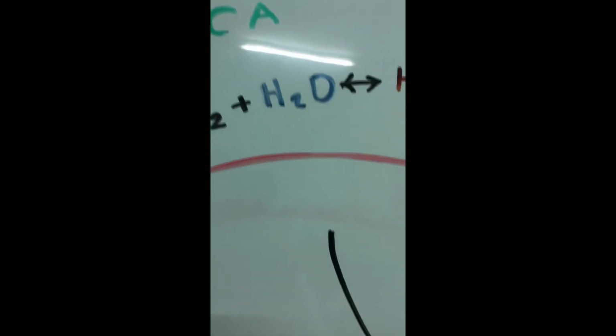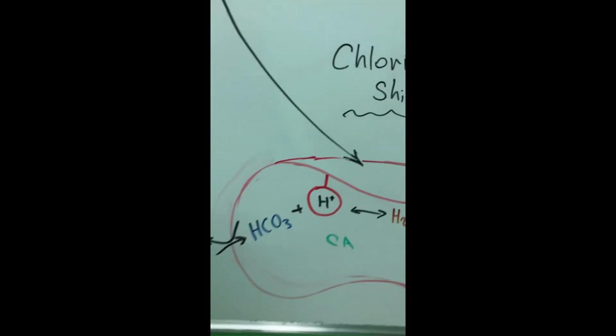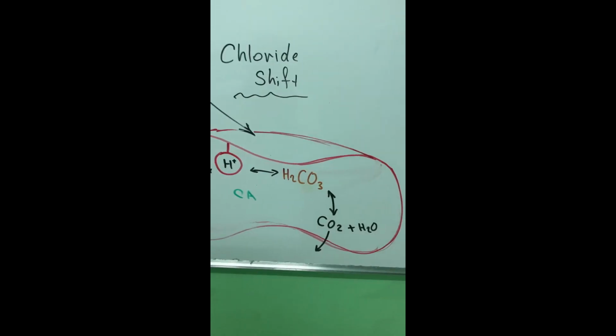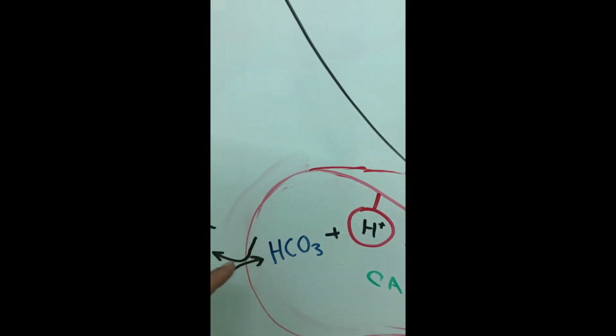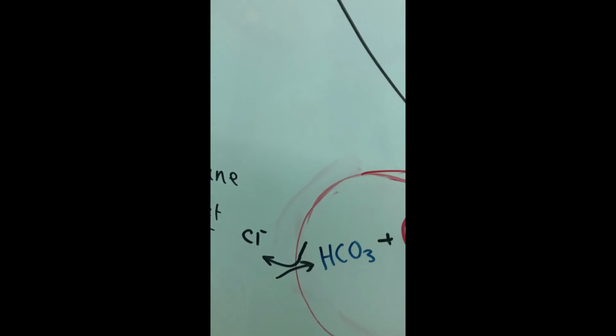After that, the RBC will be transported toward the lung, where the HCO3 will influx again inside the cell in exchange with the chloride, which will efflux out of the cell.